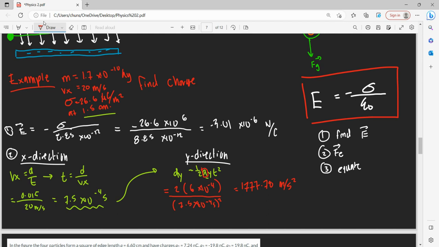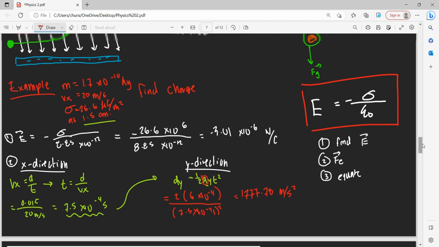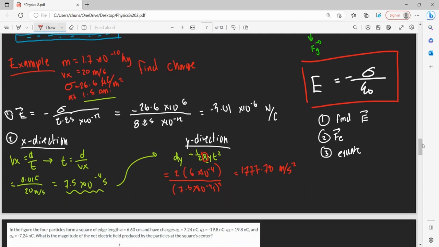And finally, we want to, running out of room right here. It's okay. Lastly, we want to find what our force is and what the charge is. So we know that our forces must balance, right? So m a y, so this is our gravitational force, or one of the forces.